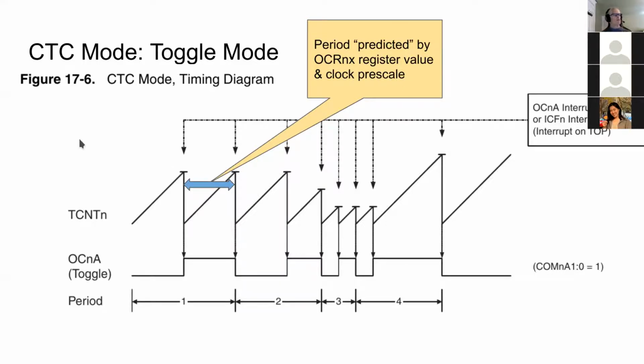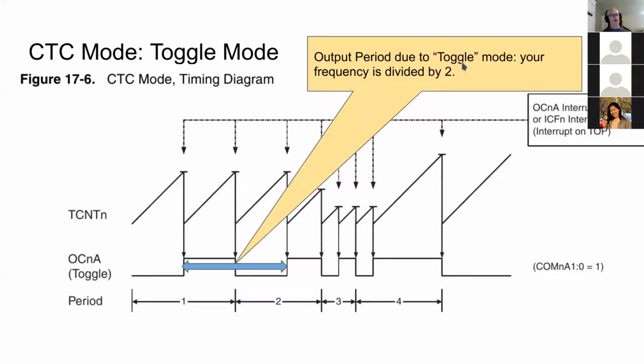So, okay, we can figure that out. And we just want to remember, if we're using this to generate a tone, period is related to frequency by 1 over P. But don't forget, we're toggling. And so the actual frequency that comes out is half as fast as these sawtooth events occur in toggle mode. So we just want to be aware of that.